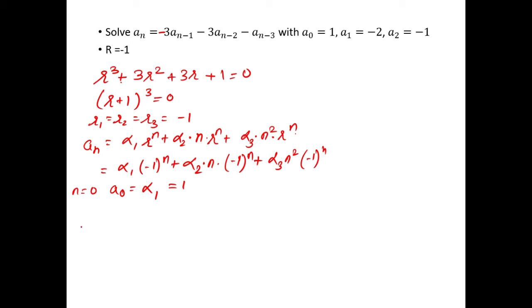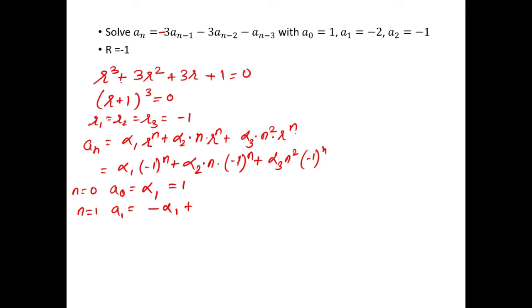At n equal to 1, a1 is equal to minus 1 raised to 1, that is minus 1 into alpha 1. So this is minus alpha 1, plus alpha 2 into minus 1 into minus 1 raised to 1.